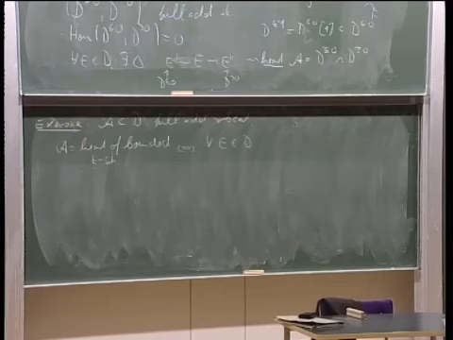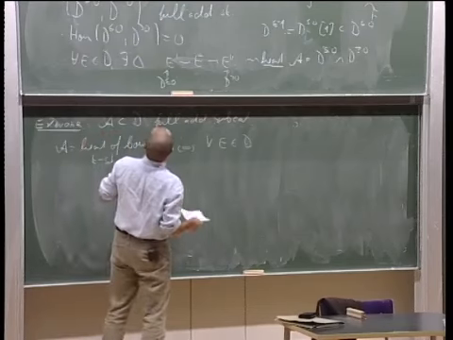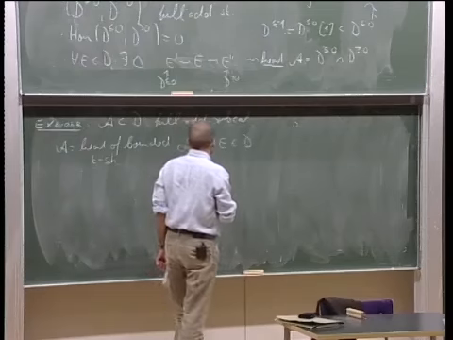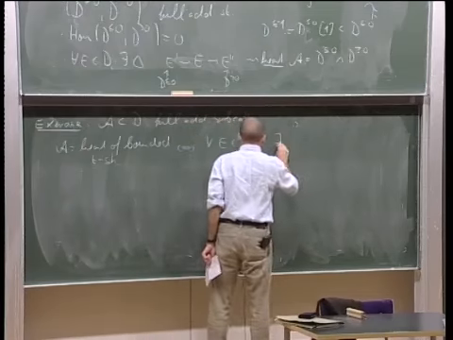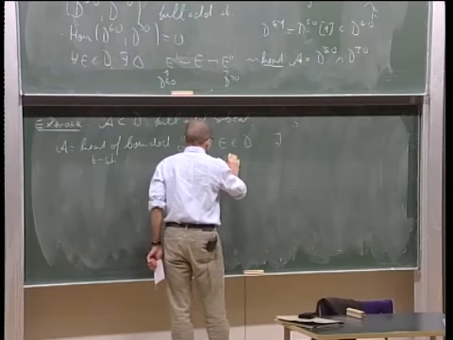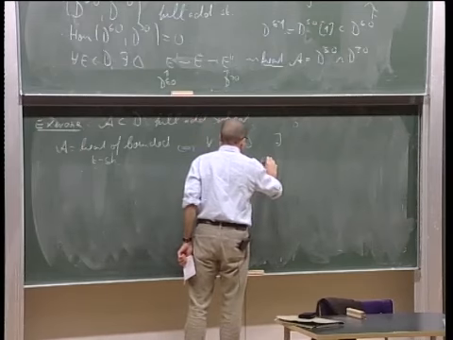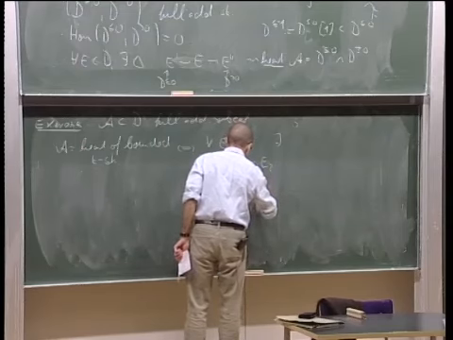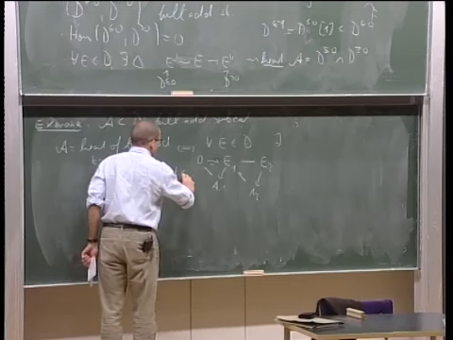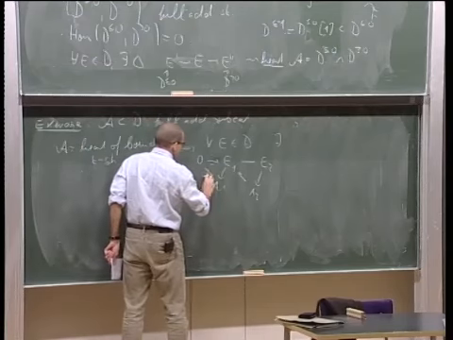A filtration in the usual sense doesn't make sense because we don't have any sub-objects in derived categories. So instead we say for all E in D there exists a sequence of distinguished triangles, so these are exact triangles, and the morphisms from A2 to A1 and so on are all of degree 1.